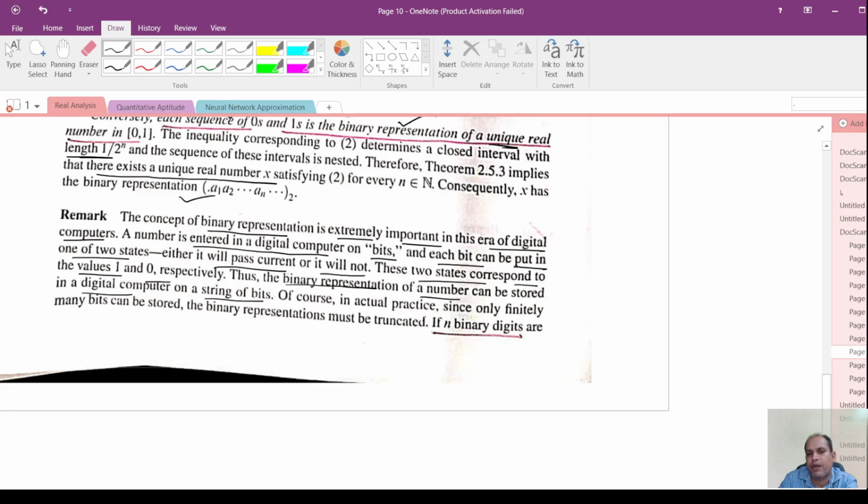Of course, in actual practice, since only finitely many bits can be stored, the binary representation must be truncated, because the memory size is limited, and while we are dealing with machines, or in practical application, we can only deal with a finite number of things.